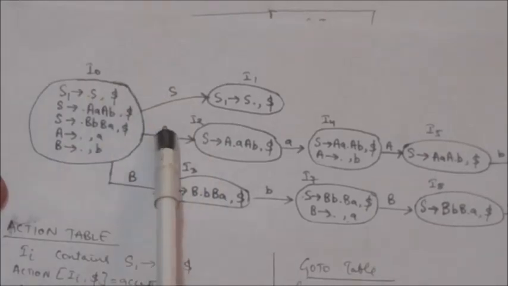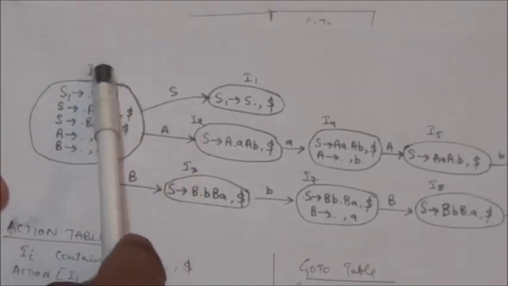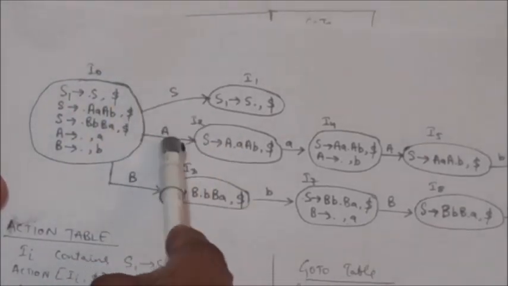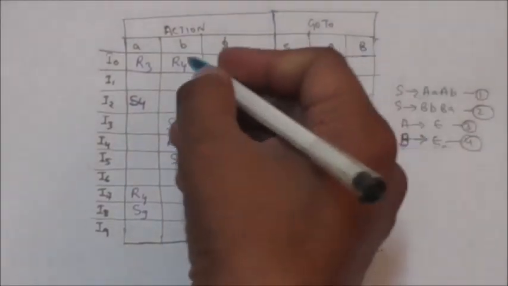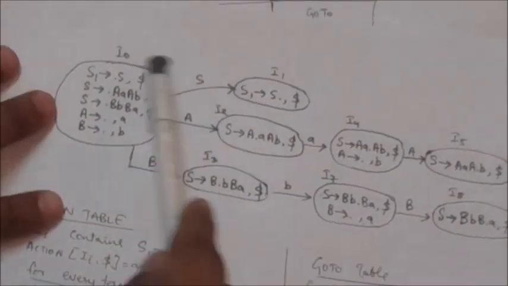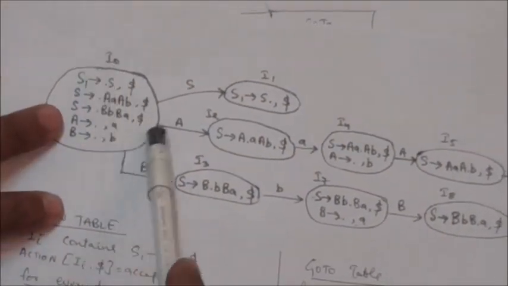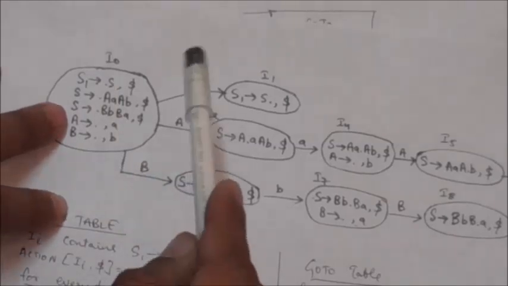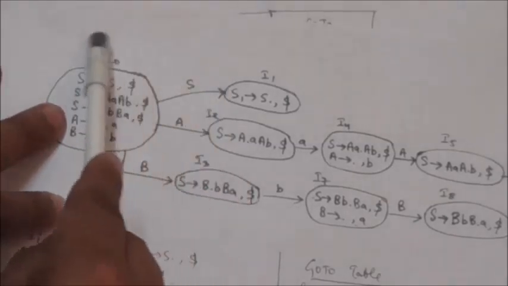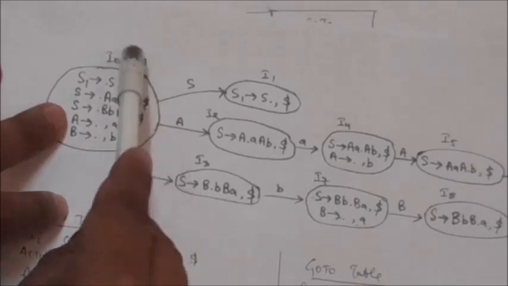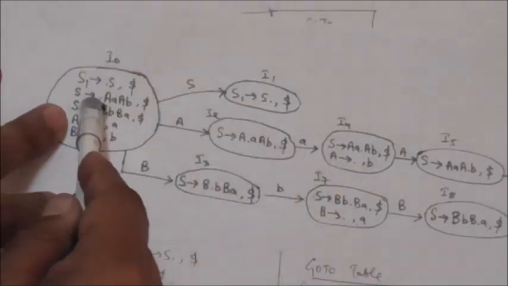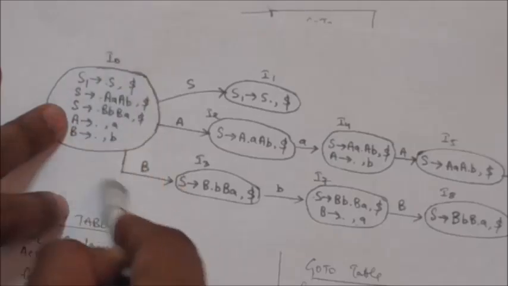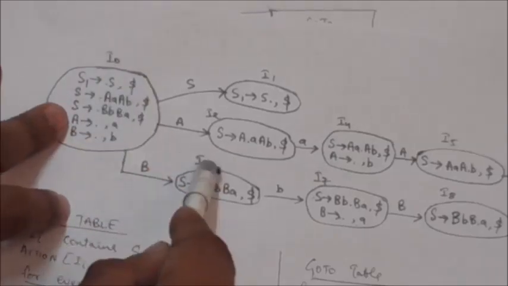So in the row labeled by I0 and column labeled by non-terminal A, I will write 2. Now here you can see another transition of state I0 for non-terminal symbol B. On reading non-terminal symbol B, the DFA jumps from I0 to I3. So in the Goto table at the row labeled by I0 and column labeled by non-terminal B, we will write 3.